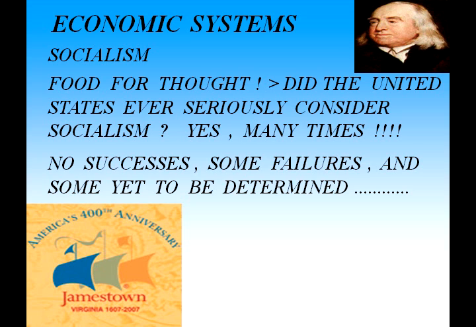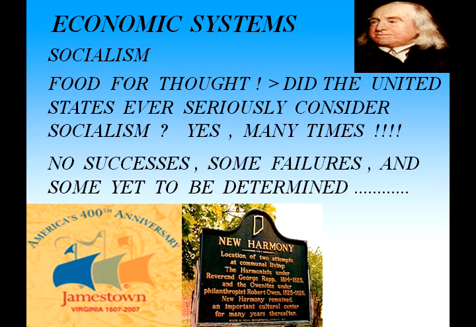managing resources. This concept was tried once again when communes were established at various places in the United States during the early 1800s. For example, the New Harmony commune that was set up in Indiana and the Berkshire Farms commune that was set up in Massachusetts.